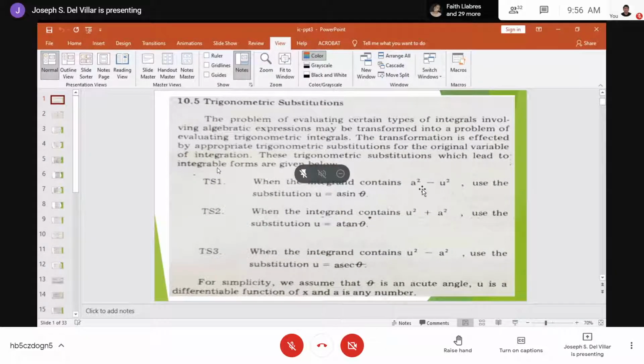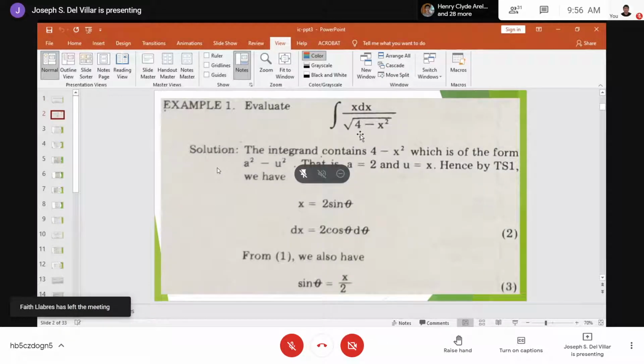It falls under case 1. So ang gagawin nyo lang is you make the constant squared. So you take the square root of 4 such that it becomes 2 squared minus x squared. So it is 2 squared minus x squared, which follows the a squared minus u squared.